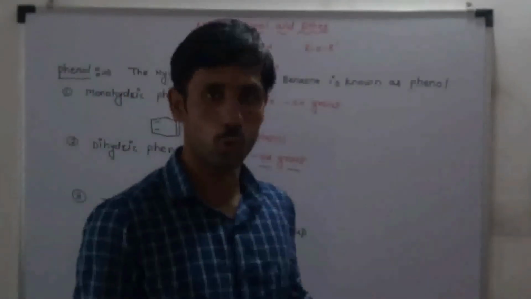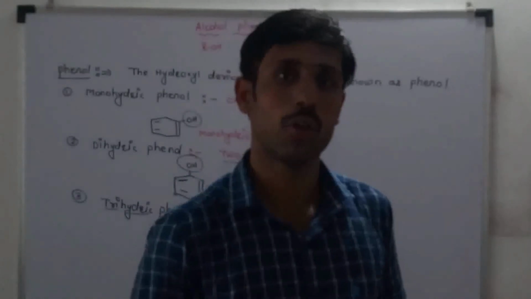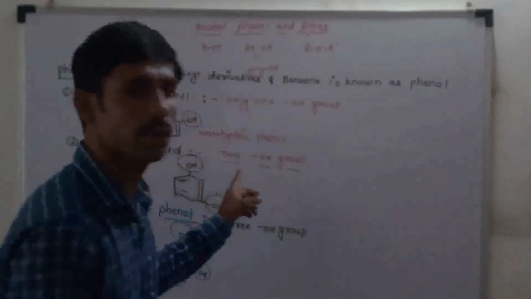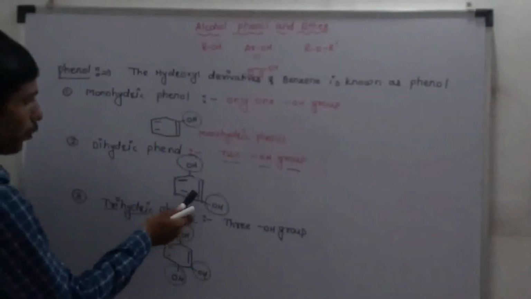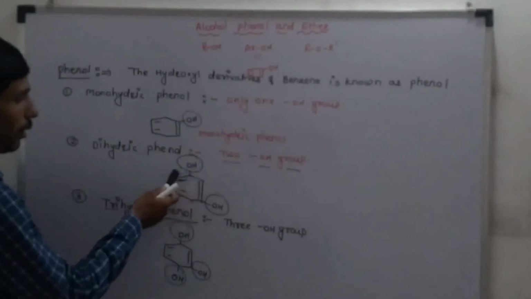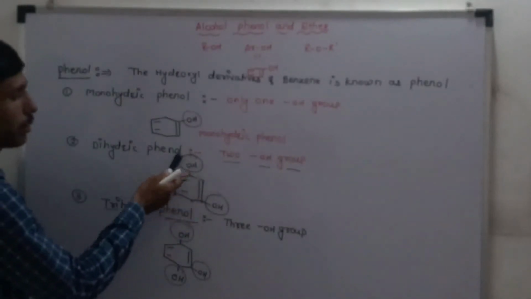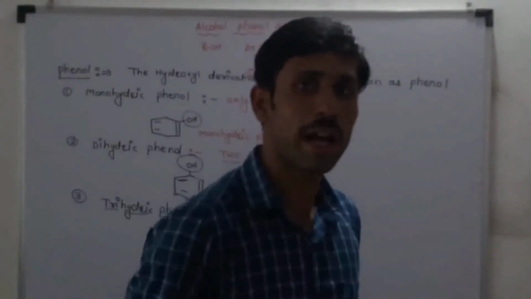The second type is the dihydric phenol. They contain two OH groups. In this unsaturated aromatic structure, the two hydroxyl groups make it a dihydric phenol.